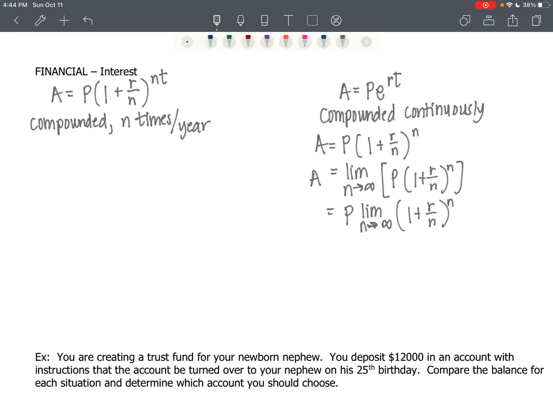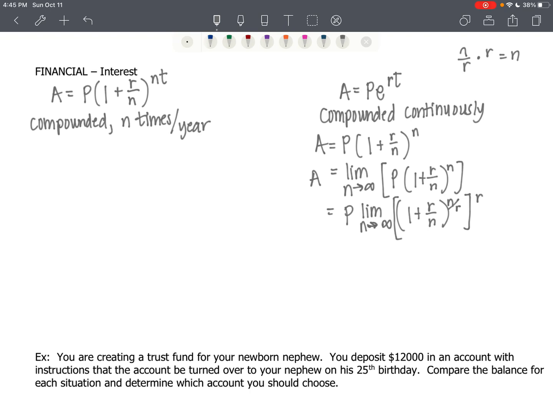Then I'm going to take that nth power and divide by R, but raise it to the R power. That makes it unchanged, because a power to a power you multiply. N over R times R is still N. So I haven't changed it, I've just changed what it looks like.